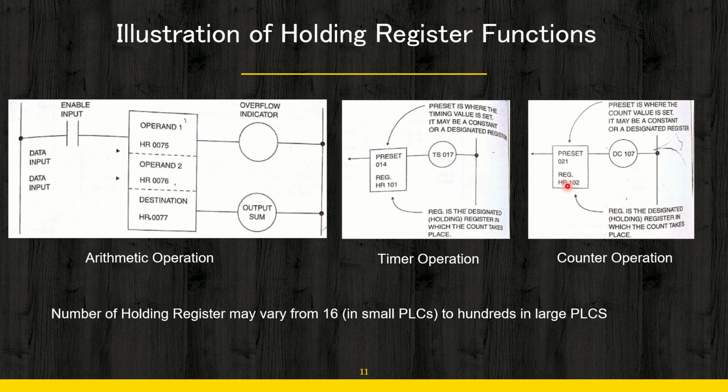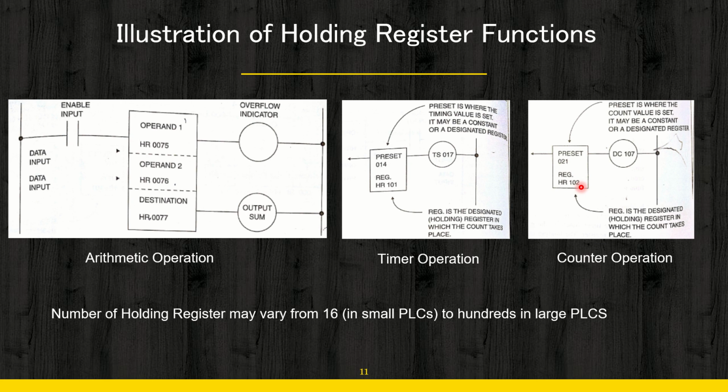Now you see here the holding register address is 102, where the preset value 021 is stored. So whenever the counter starts operating, the contents of holding register 102 are manipulated during the operation. During the operation the counter counts down 21, 20, 19, 18.